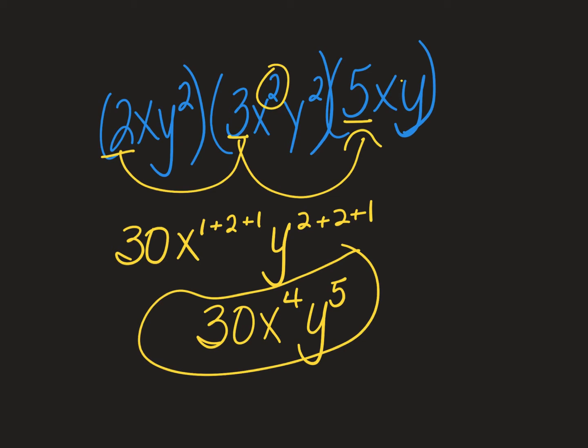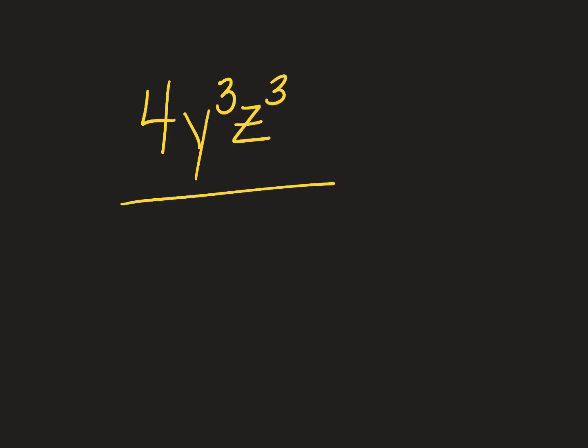Now, let's move on. Let's talk about division. Remember, when you are dividing monomials, you are going to subtract. Okay? Now, let's say that we have 4y to the third, z to the third over 2y z to the 7th, okay? So you are going to divide, okay?